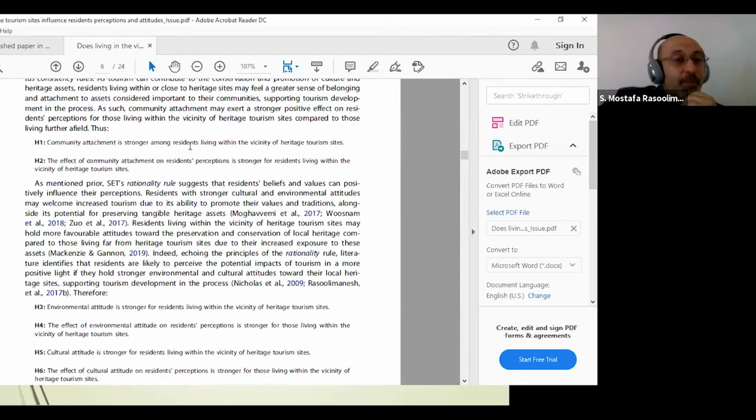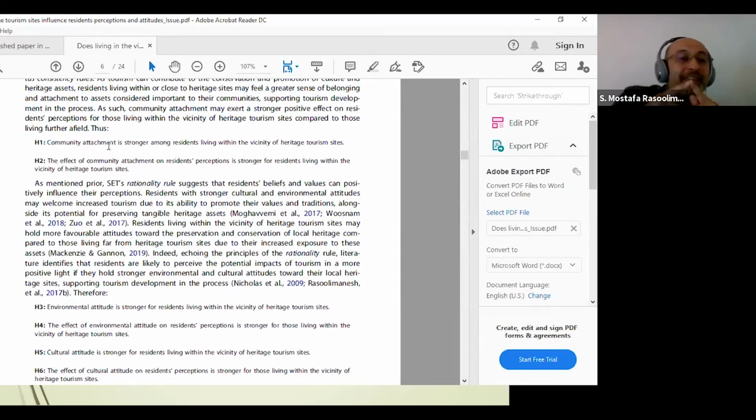But the first hypothesis doesn't refer to any relationship or any effect, right? We only want to see community attachment for two groups of people: people living in the heritage site and people living far from the heritage site.